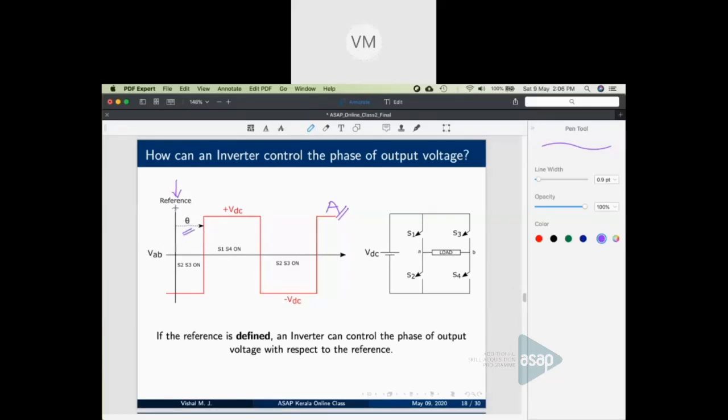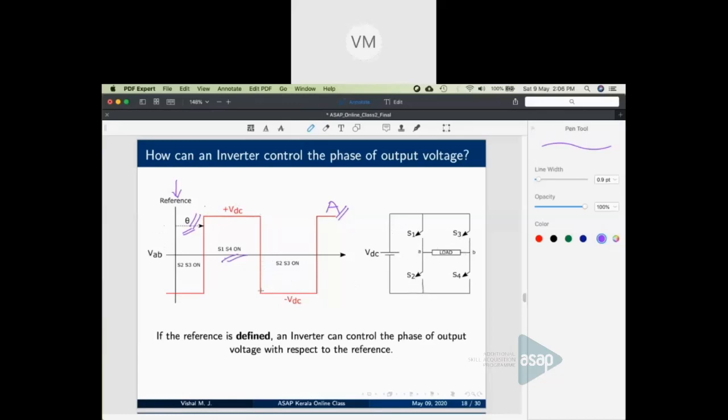Wait for the reference to come. Once the reference comes, wait for another theta degree. Once the theta degree passes, you switch on S1 and S4. What happens? The load voltage VAB is a positive VDC. That's what is shown here. Keep it on for 180 degree. Then switch off that, turn on S2 and S3.